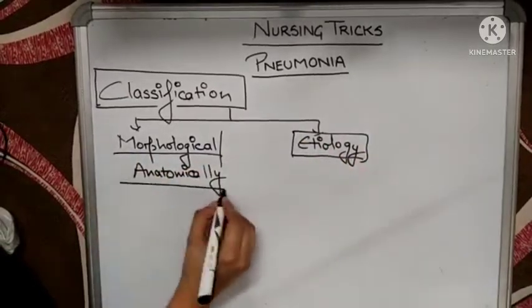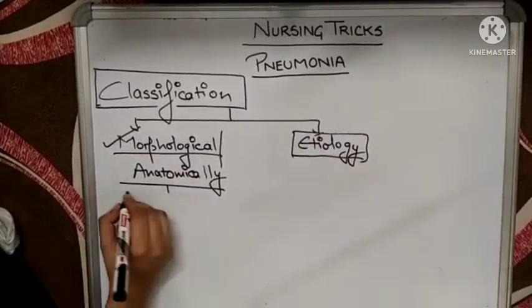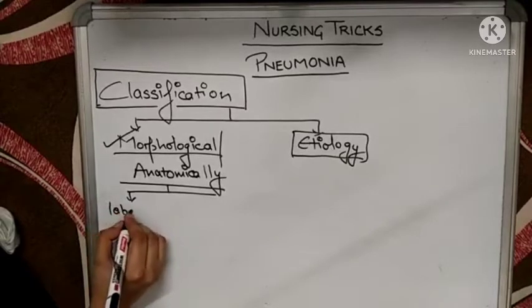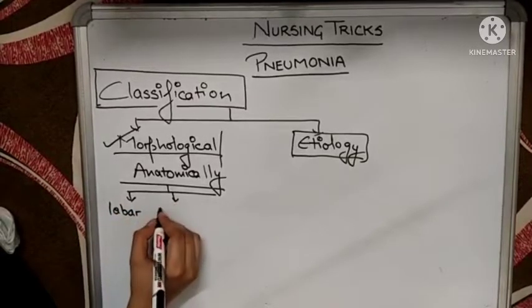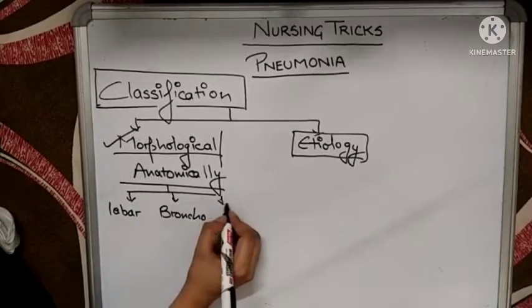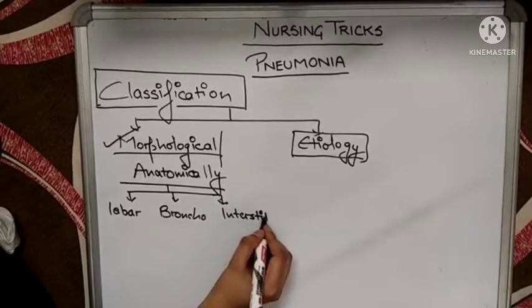So if I have to classify it on the basis of morphology, number 1, it can be lobar, it can be broncho, and it can be interstitial.